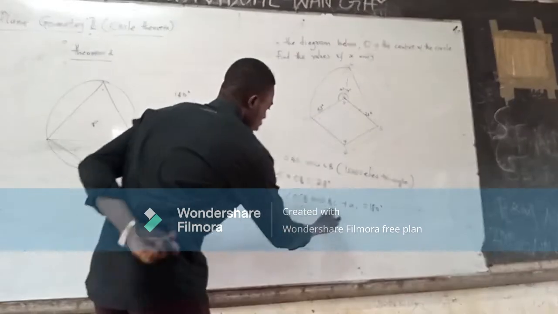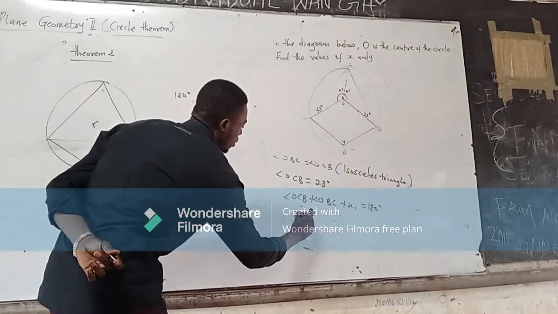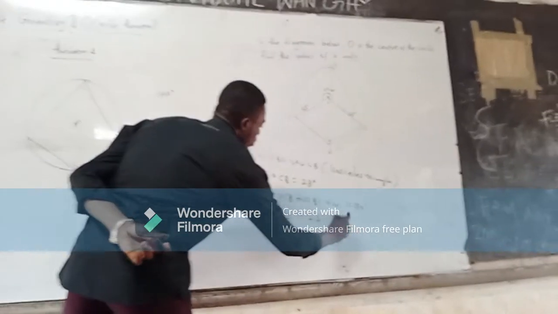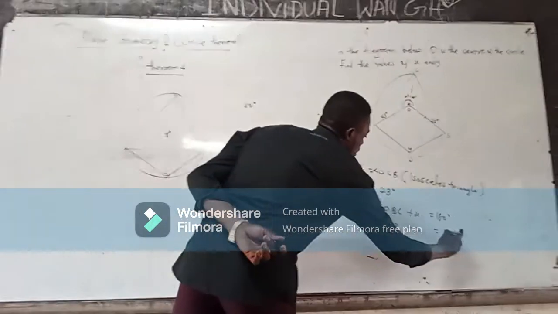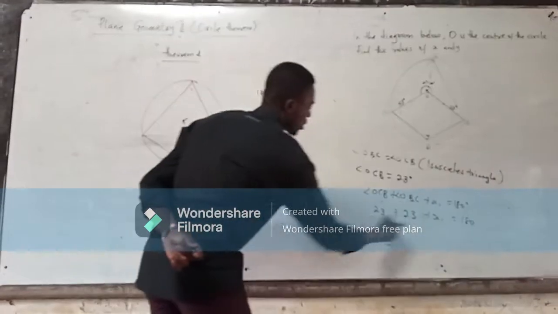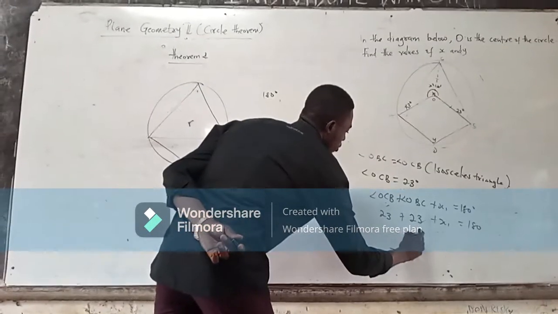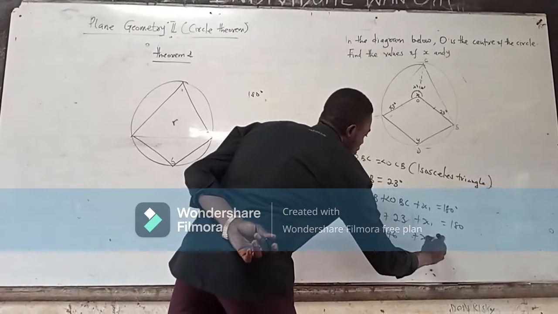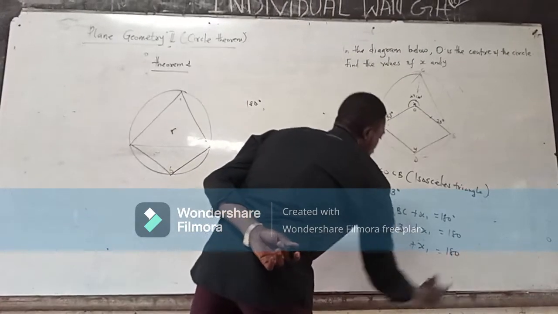And what is this? 23. And what is this one? 23. So you want to find this one. So you just add. You are going to get 46. 46 plus x1 is equal to 180.